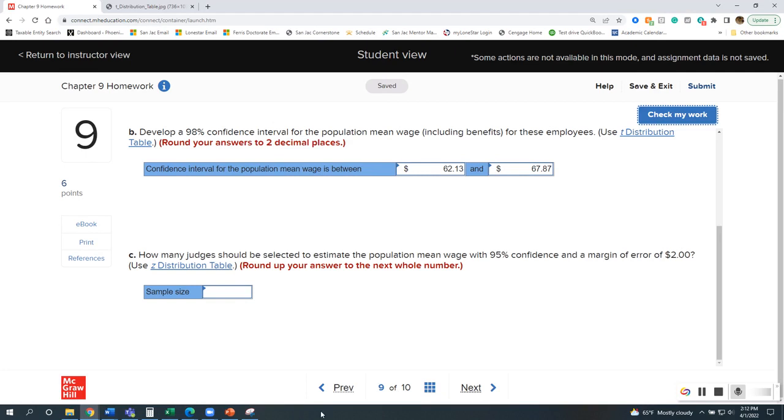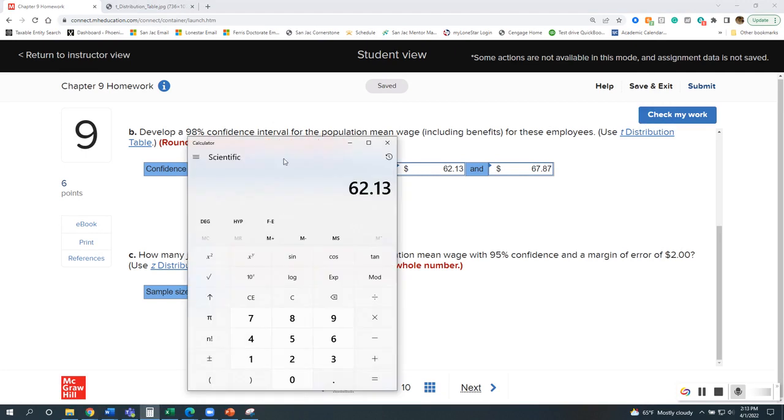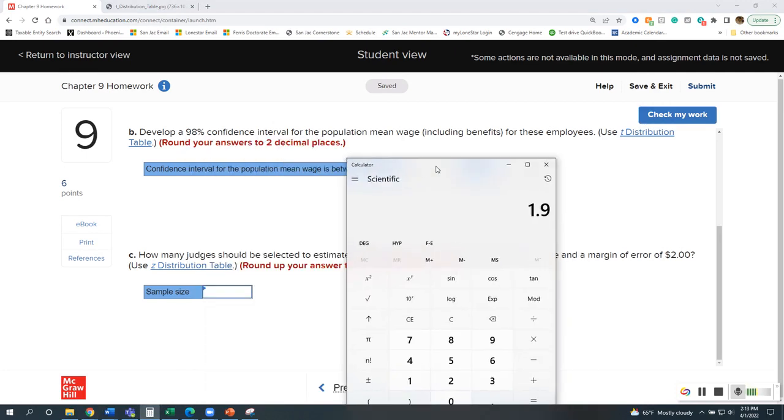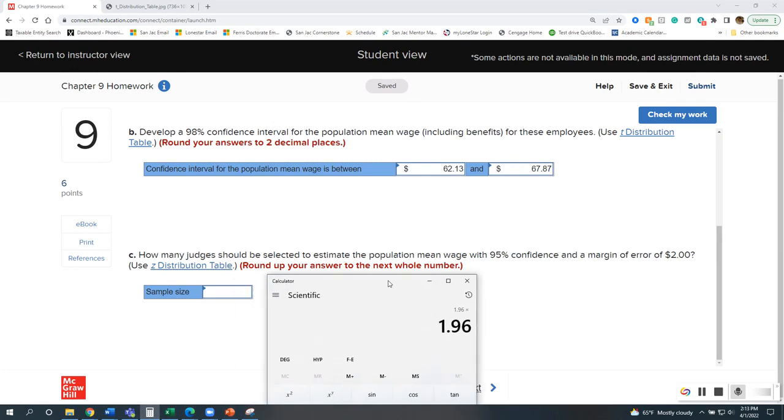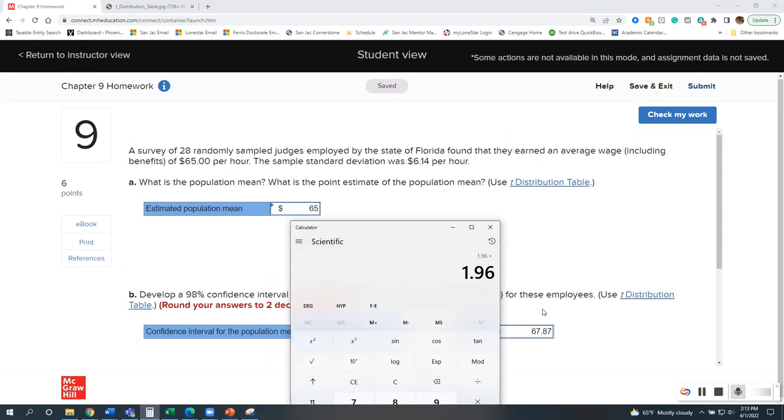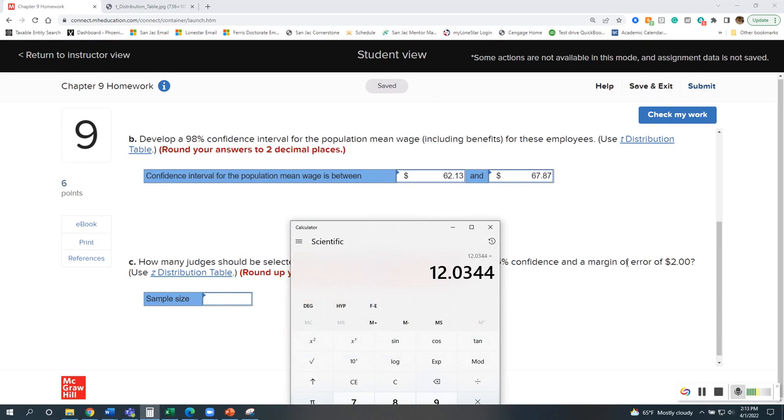So we're going to take our calculator, take 1.96, multiply it by our standard deviation of 6.14, and then divide it by our margin of error, which is $2, and then we square it.